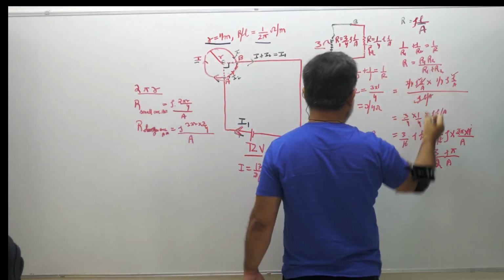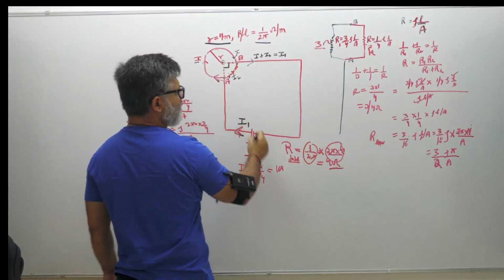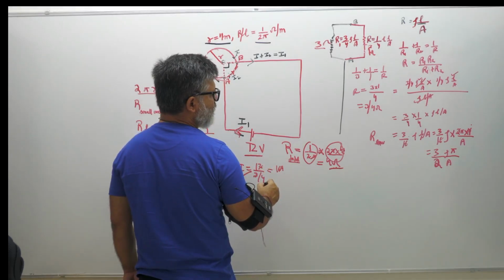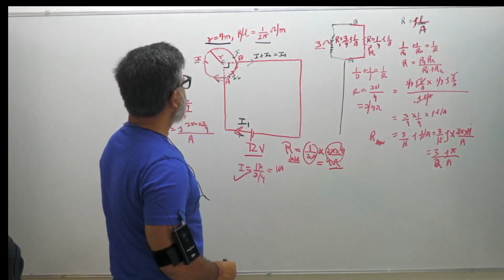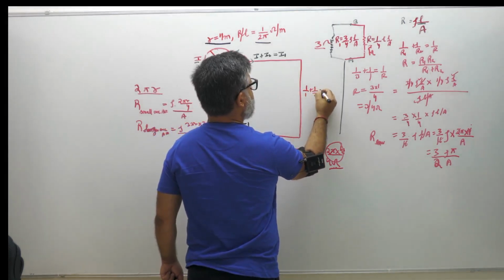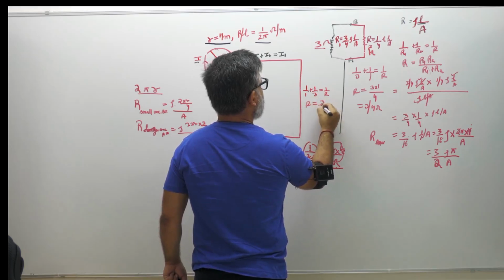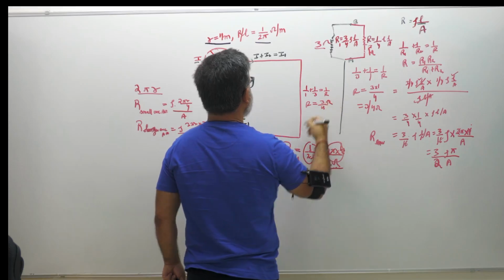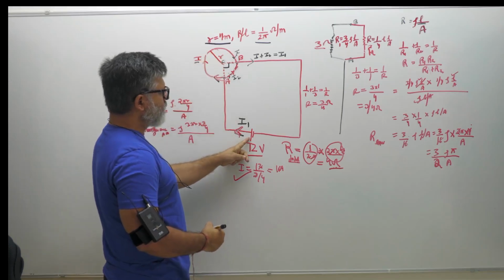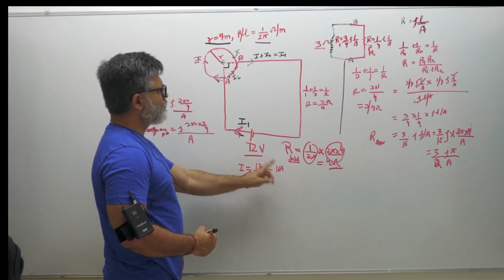So if you put this value, you will get the total resistance of the circuit as 1 by 1 plus 1 by 3 is equal to 1 by R. So R is equal to 3 divided by 4 ohms. So the total value of this resistance is 3/4 ohms. You know the battery voltage. Apply Ohm's law, V by R is equal to 16 amperes.